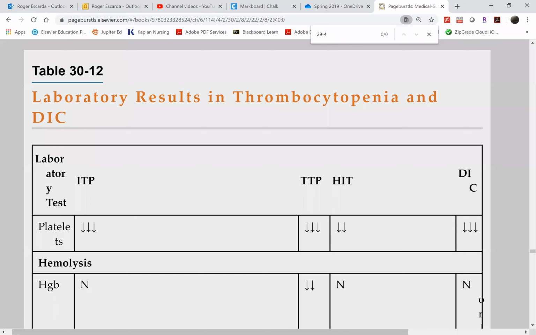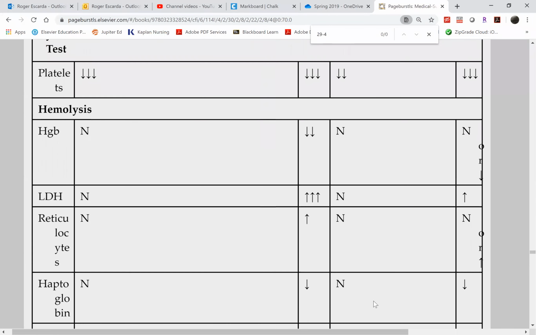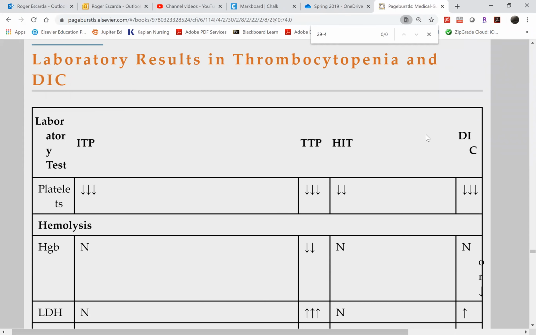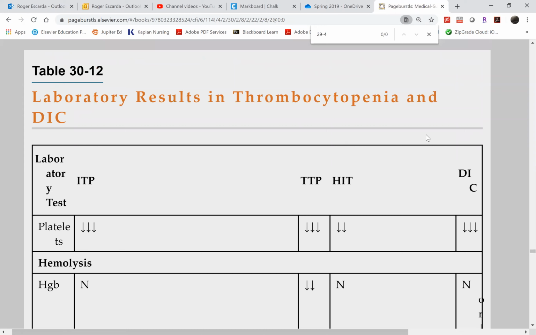So to answer the question, you needed to understand the clotting cascade. It's not necessarily that the question is about the clotting cascade, but if you understand how it works, then you can understand this table. Does that make sense?